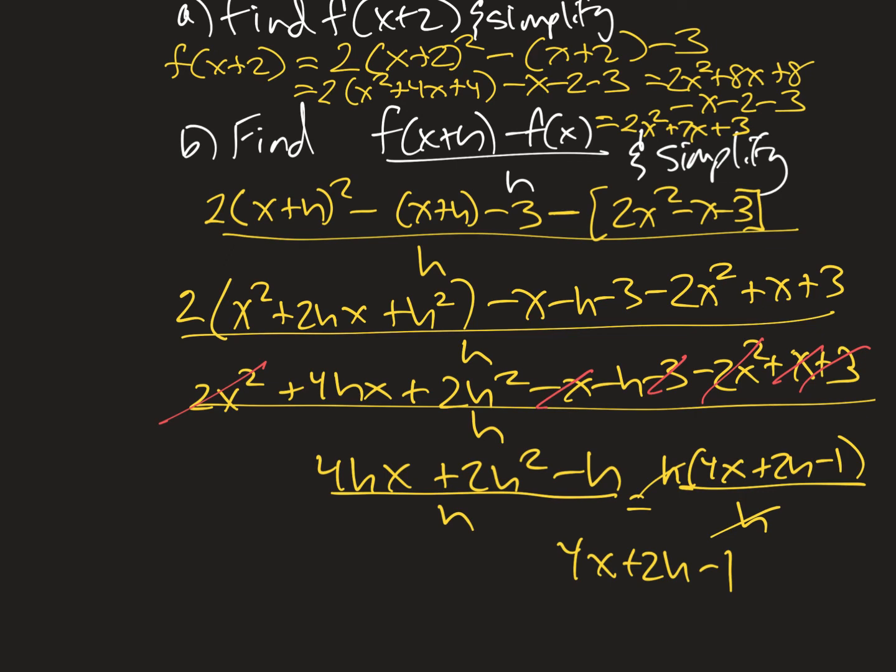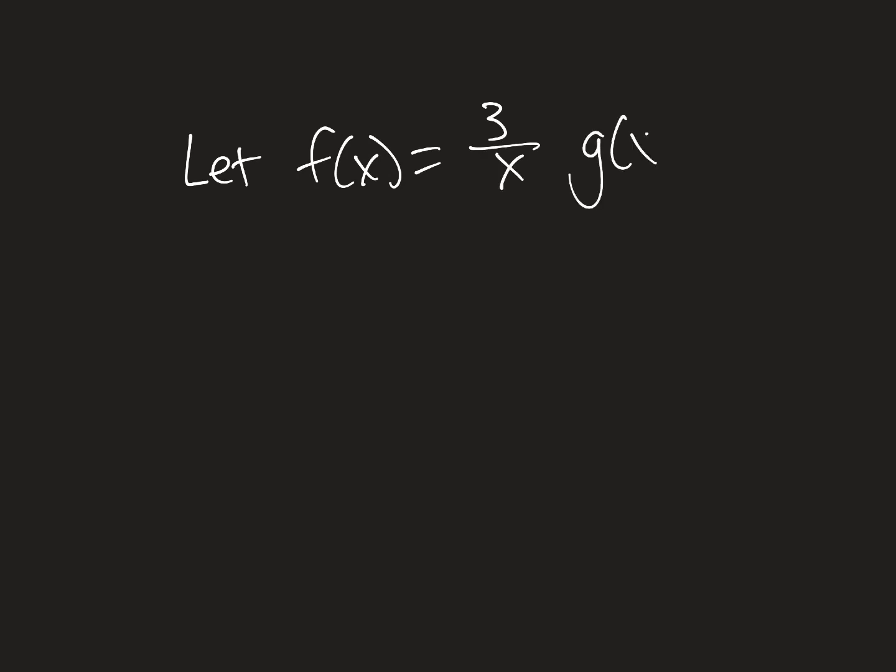Let's do, see if I can do something similar to what I did in class about compositions. So let's do, actually I want to use white here. Let's say let f of x equal 3 over x, and g of x is going to be, let's see, what do I want g of x to be? 1 over x minus 1.